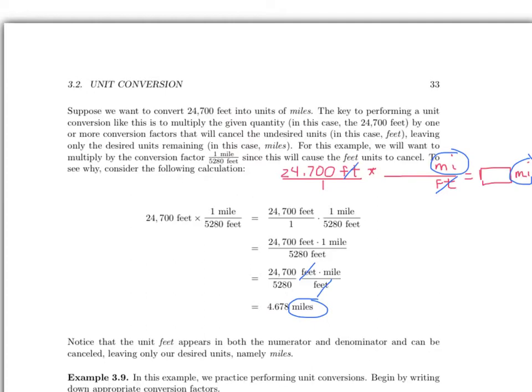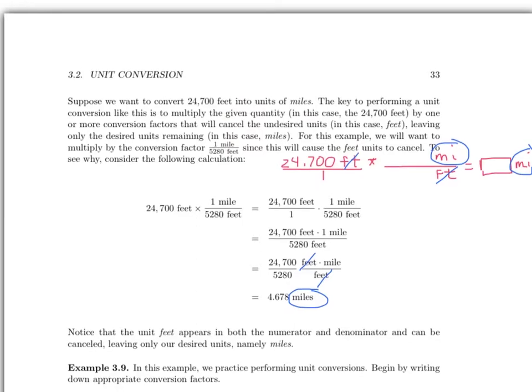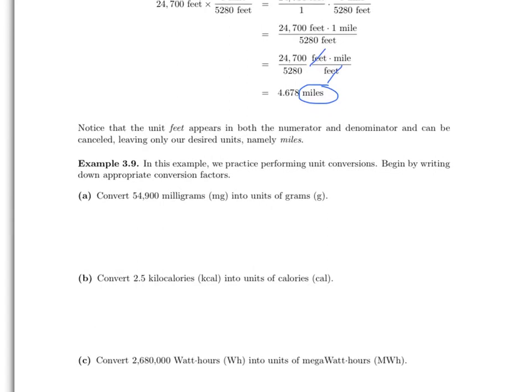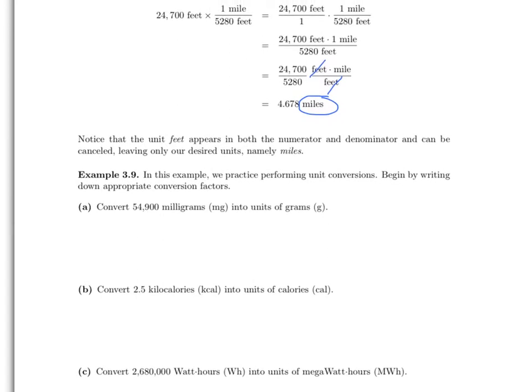Okay, so we need to practice the unit conversion process, and we'll do this in example 3.9. Example 3.9 has 6 parts to it, so we will get a significant amount of practice performing unit conversions in this example.